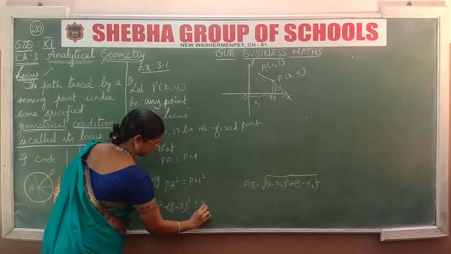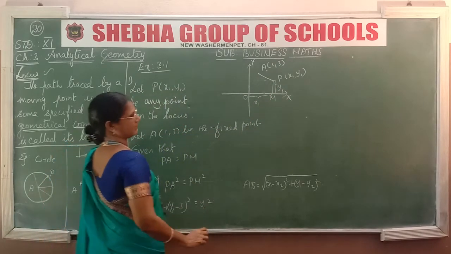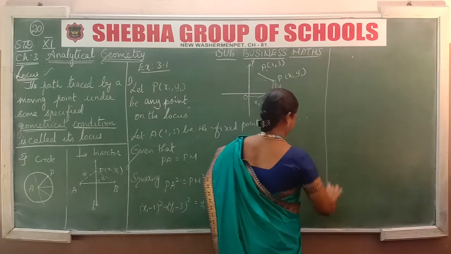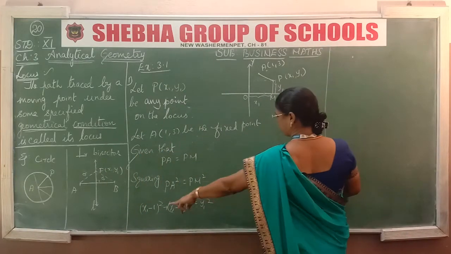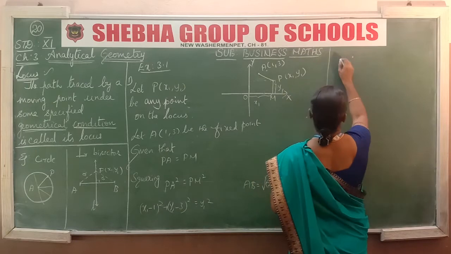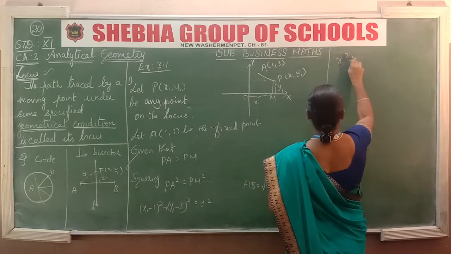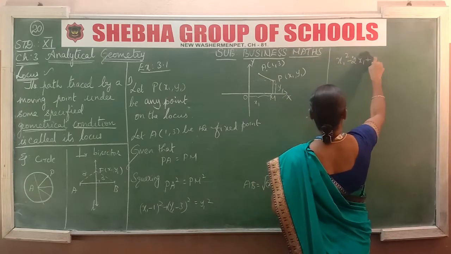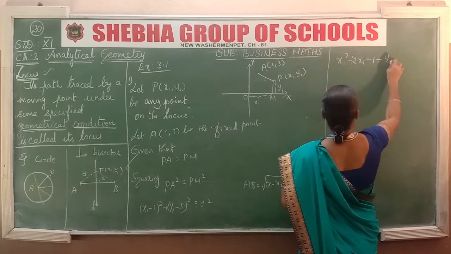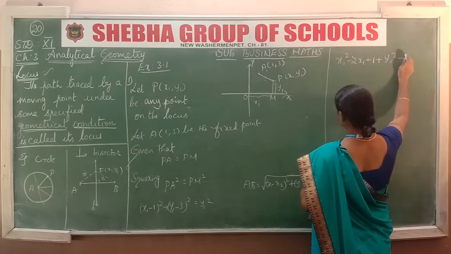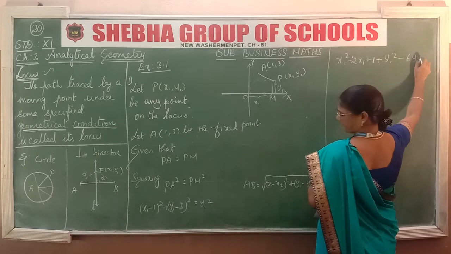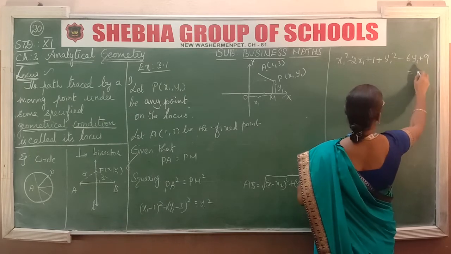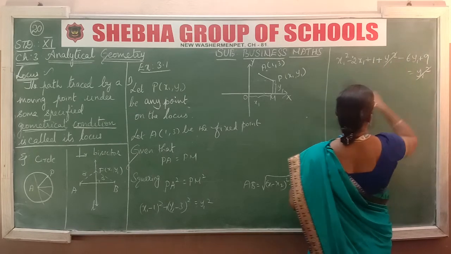So y1 square. Expanding this, using the A minus B whole square form, we get x1 square minus 2x1 plus 1 and y1 square minus 6y1 plus 9 equal to y1 square. These two get cancelled.